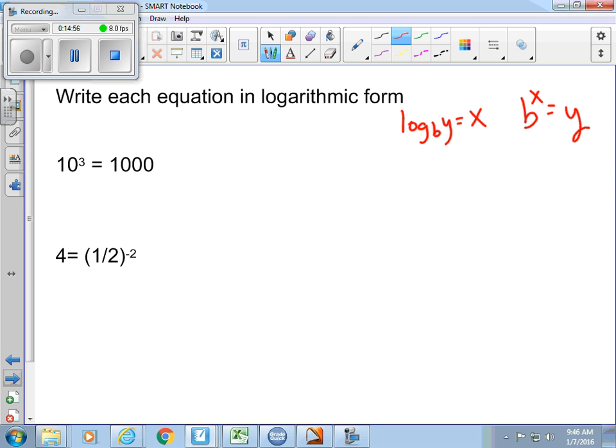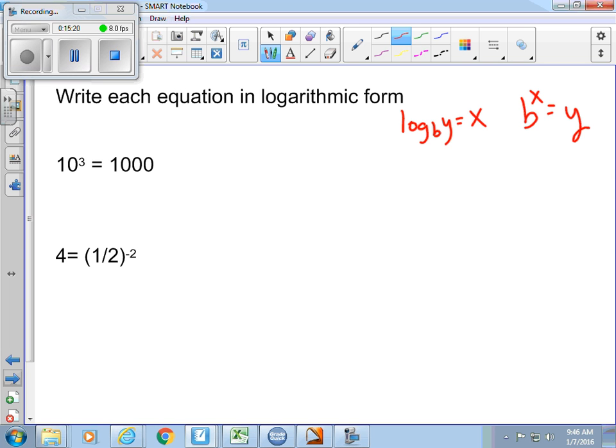Key things to remember, the base is always the base. Always stays the base. Okay? Key thing to remember. The exponent is what the logarithm equals, and then the other number would have to be the y.